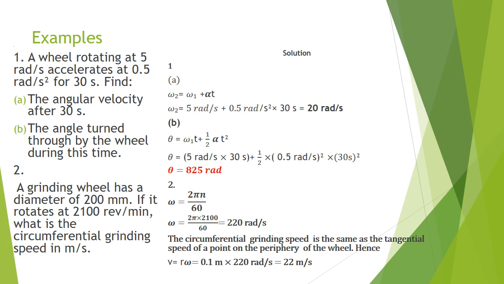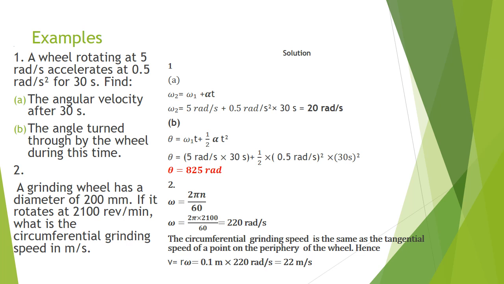Now, the number of revolutions, or n, is given in rev per minute, which is 2,100. So omega is equal to 2 pi times 2,100 divided by 60. Because it is rev per minute, we divide by 60. When we compute that, it will give us 220 rad per second.